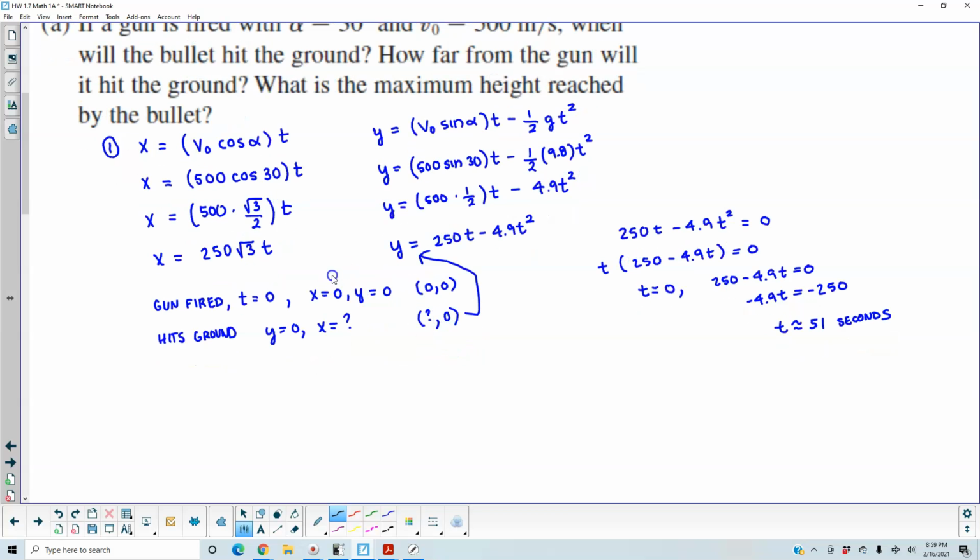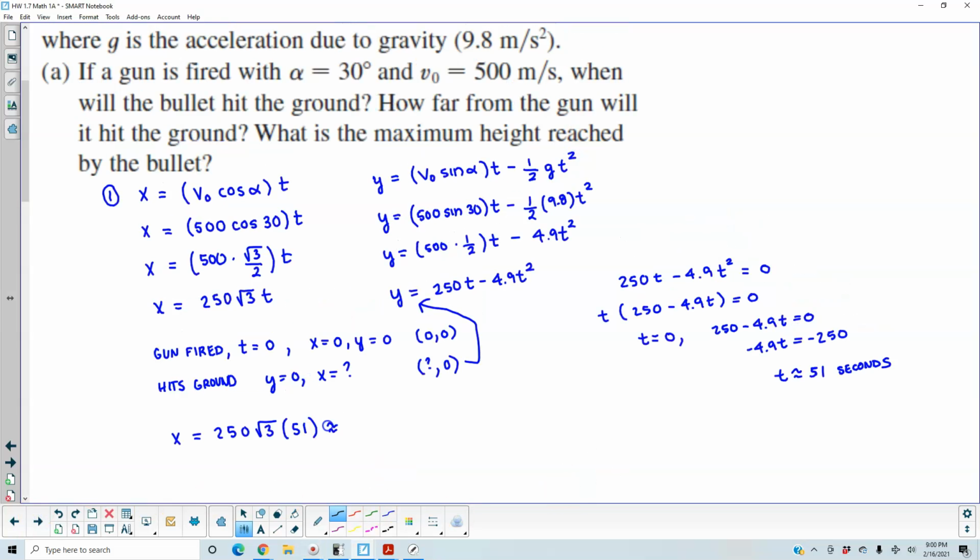So we know that when the y value is 0, meaning that it hits the ground, t equals 51 seconds. Then we can determine the distance, how far from the gun it will hit the ground. We know that it takes 51 seconds for the bullet to hit the ground. Now we need to know how far from the gun it will hit the ground. So we're going to plug it into the x. So x is going to equal 250 times the square root of 3 times 51 seconds.